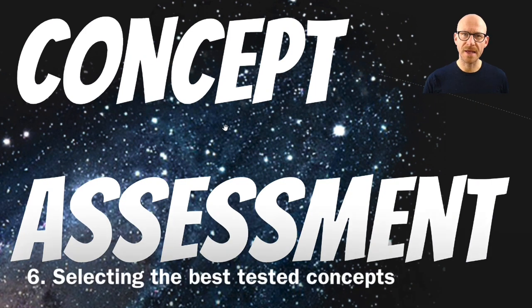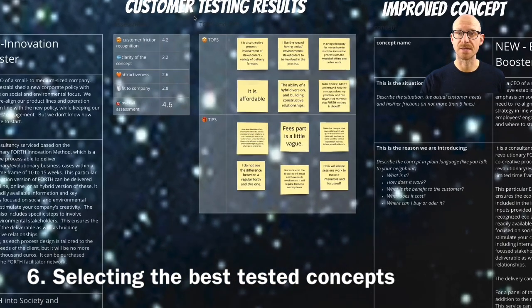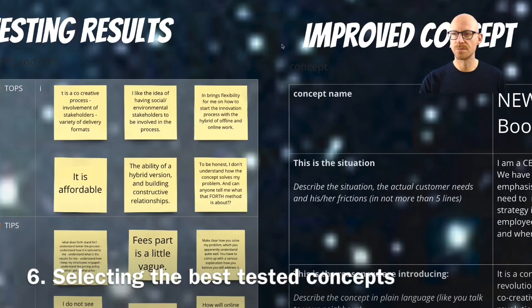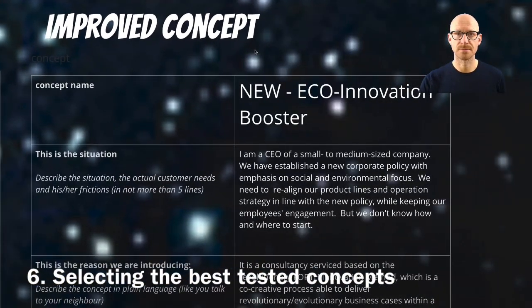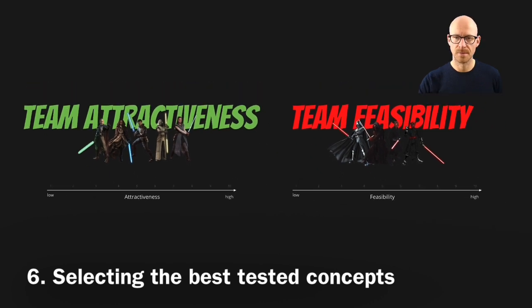The sixth and final step of how to select the best concept is the concept assessment and selection. At first, the teams use the customer testing results to improve their concepts. The whole innovation team will be split into 2 groups. In team attractiveness are all market and sales people.